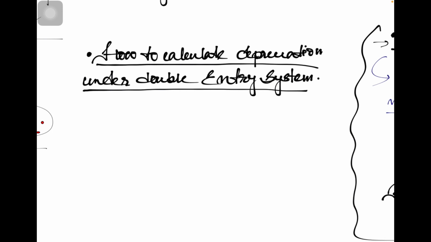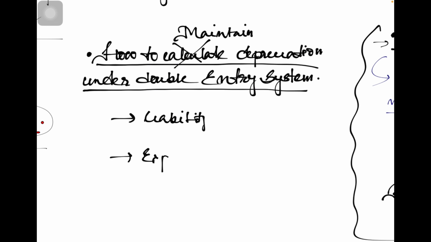Last question. How do you calculate under the double entry system? Not calculate, I just cut down the term. How can we maintain the depreciation account? First of all, you need to understand, as I said, we can treat depreciation as a liability as well as an expense. On behalf of liability, the first thing is we have to deduct the depreciation from the fixed assets in the asset column.